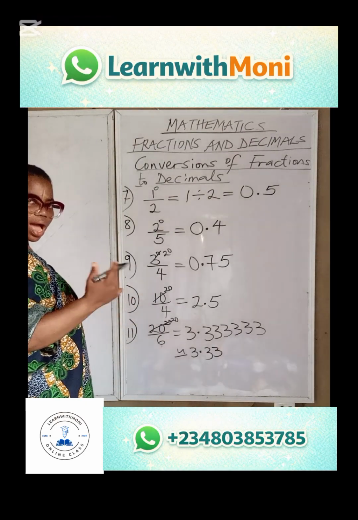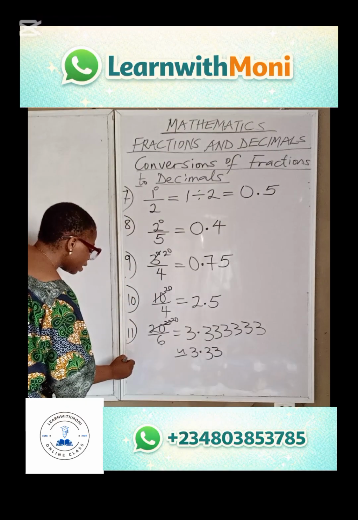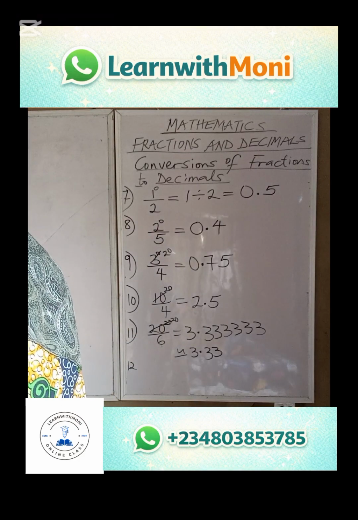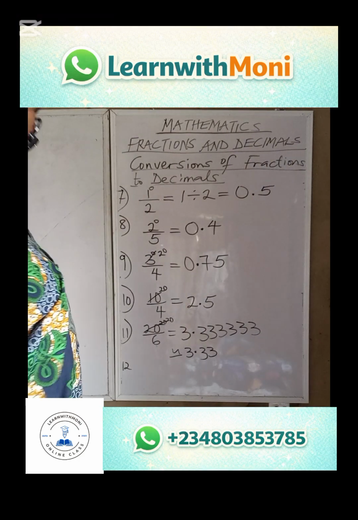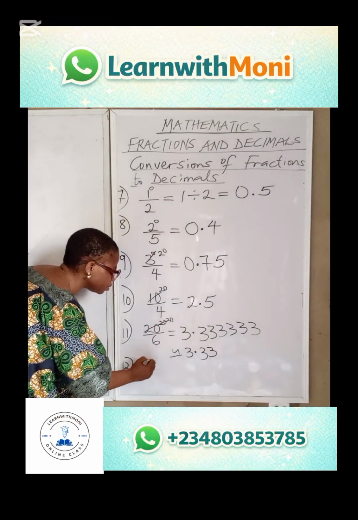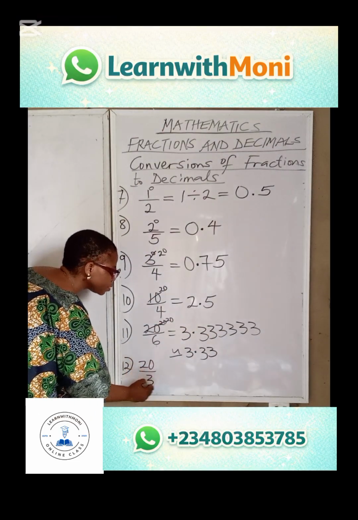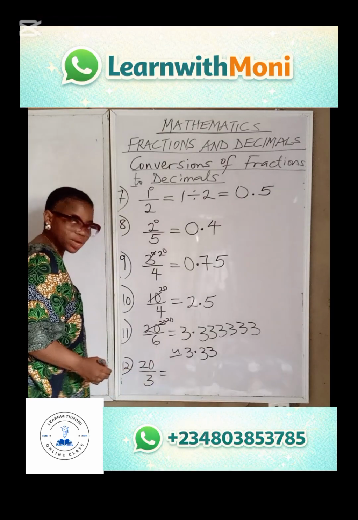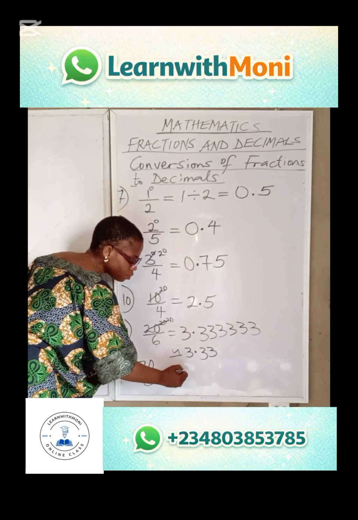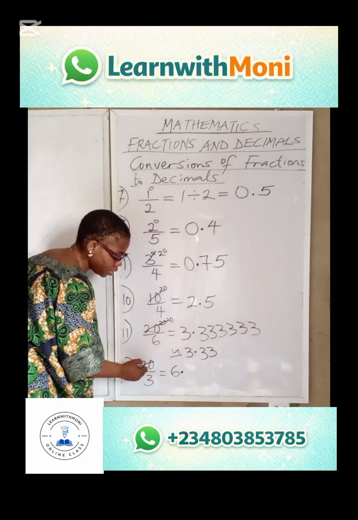No. We can have other situations, like having this. Let us say 20 divided by 3. 20 divided by 3 is 6. It will remain 2.